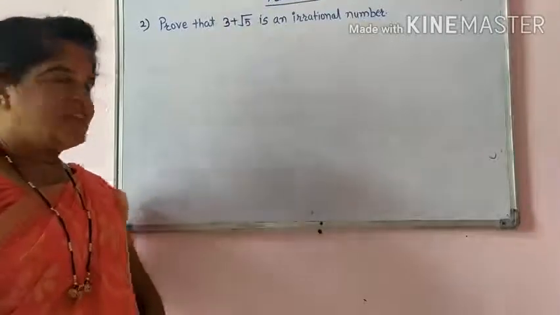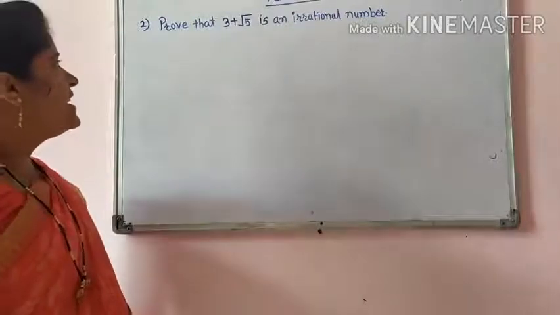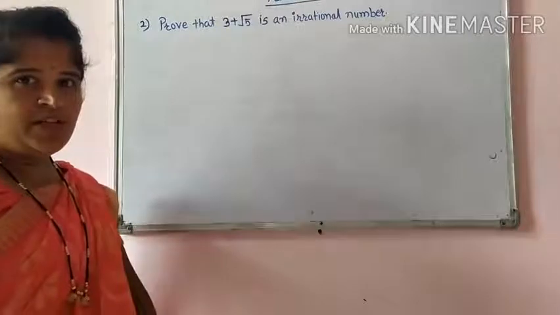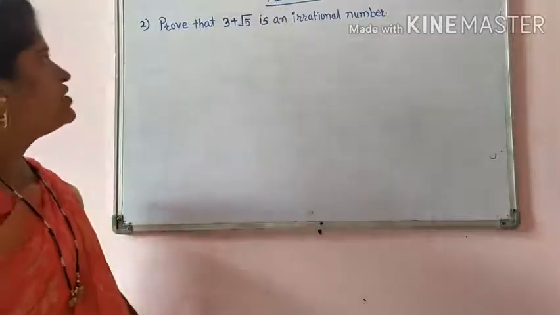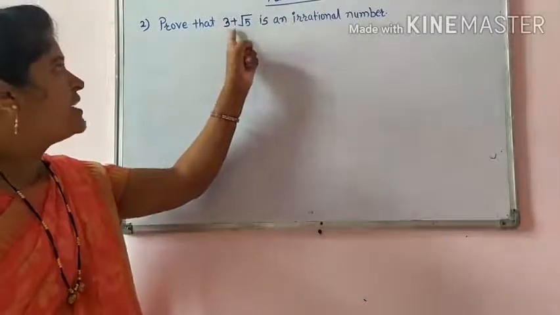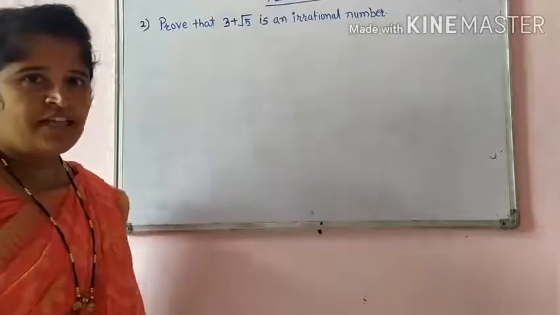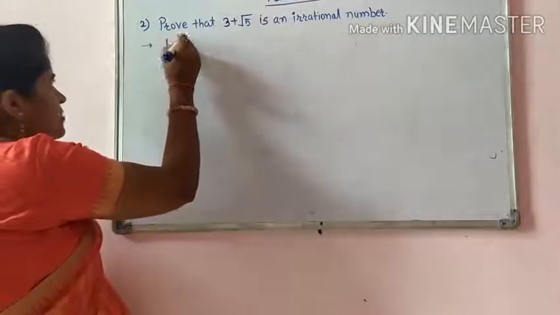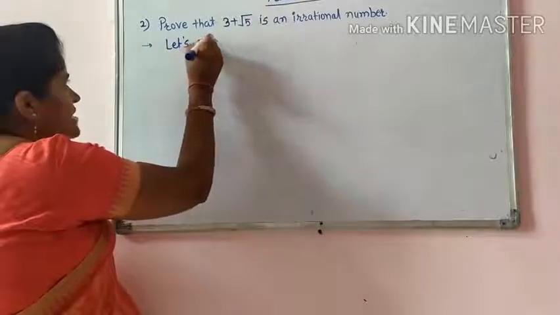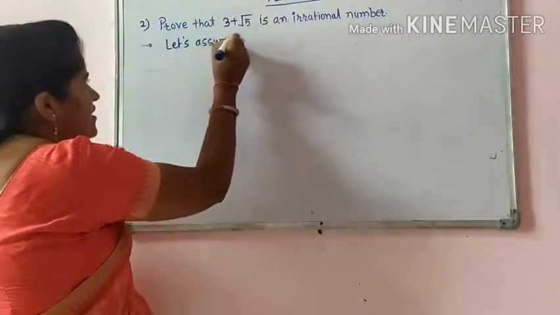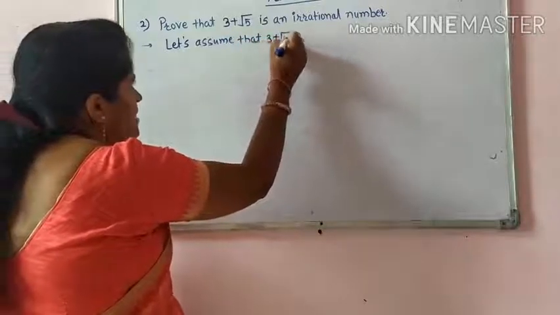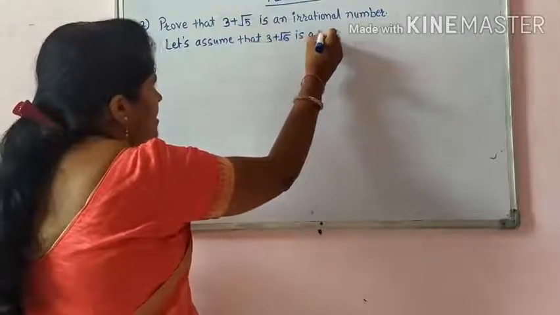Similarly, the second example is: prove that 3 plus root 5 is an irrational number. So again in this example also we shall assume that 3 plus root 5 is a rational number. Let us assume that 3 plus root 5 is a rational number.